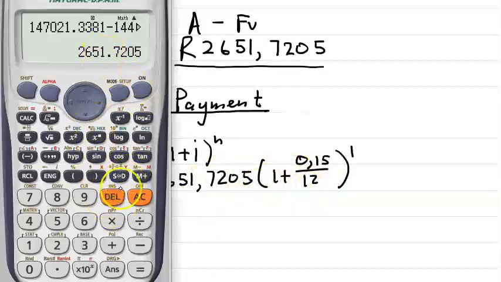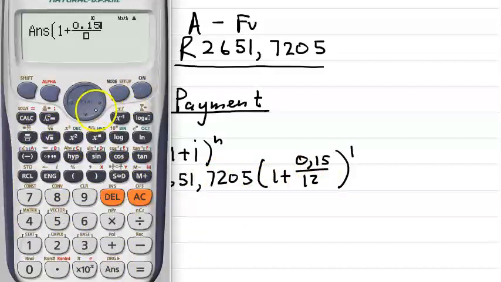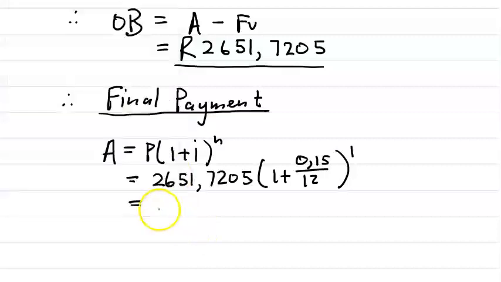So we press answer, into 1 plus 0.15 over 12 for 1 month. And that will be 2,684 rands and 87 cents.